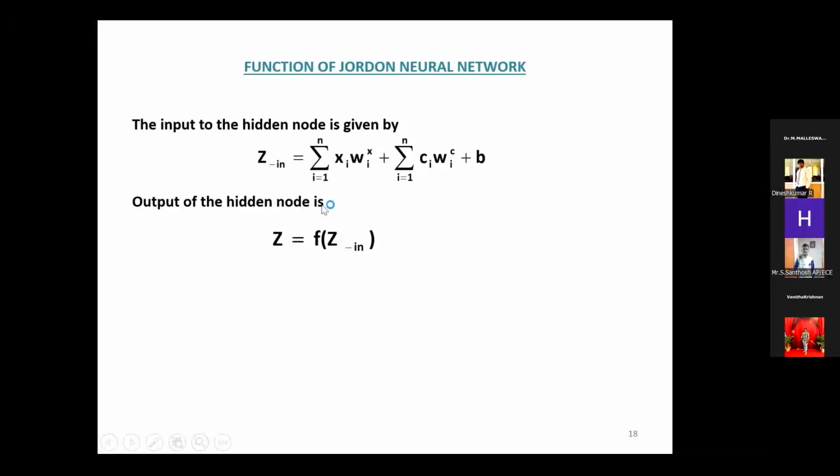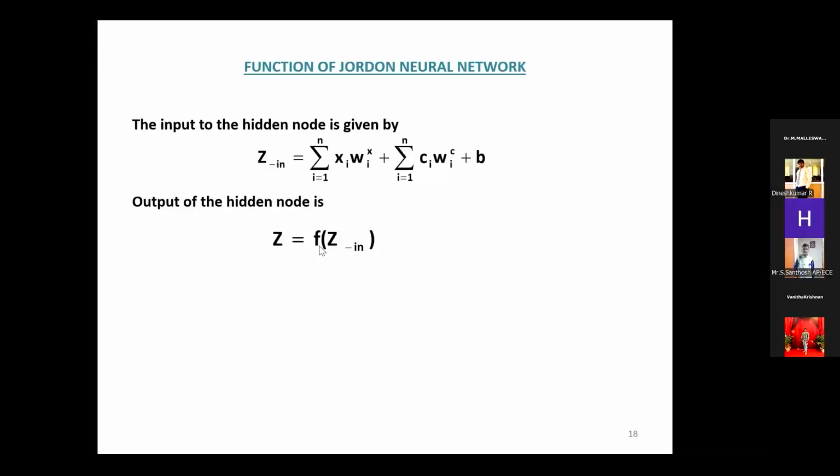Now, the output of the hidden node is given via Z, considered as an output via some activation function, right? The general activation function is whenever you go for hidden to output node, right? In any neural network operation, it will be a linear activation function, because I think you all are aware of that. Input to hidden node, you may use any activation functions for smoothing of our input values.